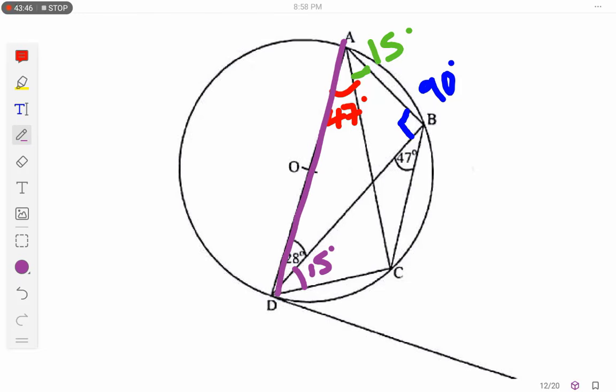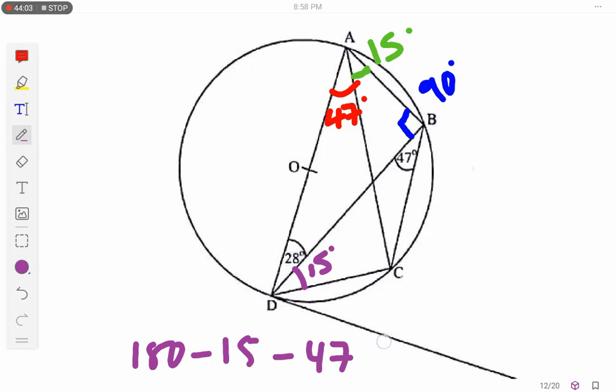Let me use this one. So this angle, I can find it. I have 47 and 15, so I'll subtract from 180: 180 minus 15 minus 47. I get 118 degrees. So this angle here is 118 degrees.